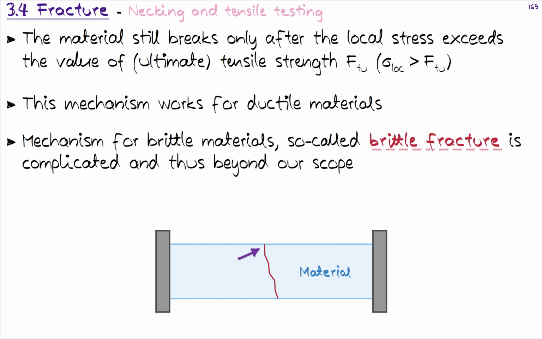At least we have understood how ductile materials break down, and we have now understood the necking process taking place in the stress strain curve, and now we have covered all the parts of the stress strain curve. So we have essentially gone through our chapter 3, where we were focusing on the mechanical properties of lattices and solids.